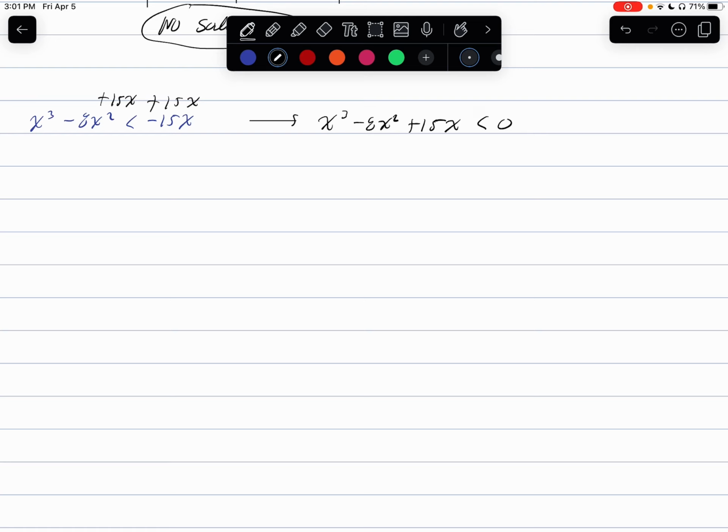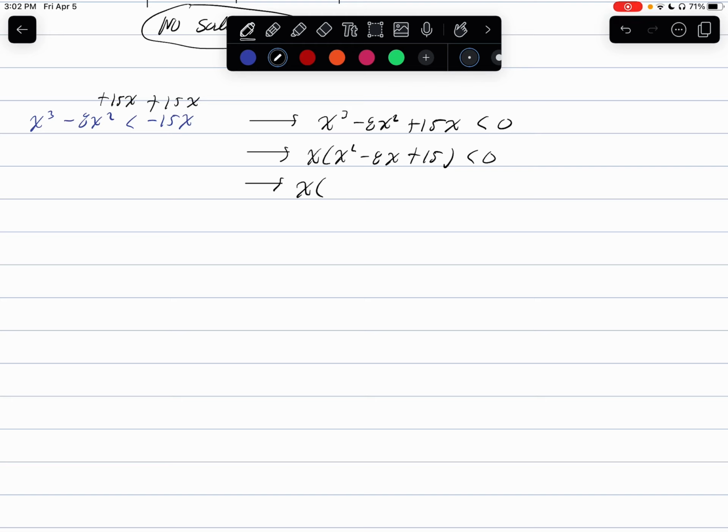Now you'll notice right away that we can factor out an x. So that's going to give us x times x squared minus 8x plus 15 is strictly less than 0. And I think we can factor x squared minus 8x plus 15. So we need to find two numbers that multiply together to give us 15 and add together to give us -8.